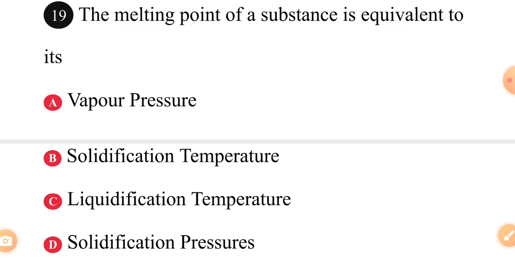D. Solidification pressure. In the next part 14, we will continue from question 19.